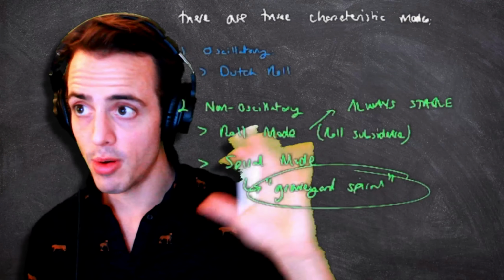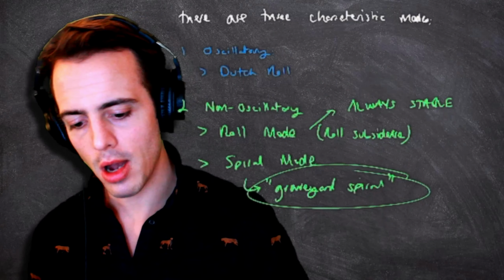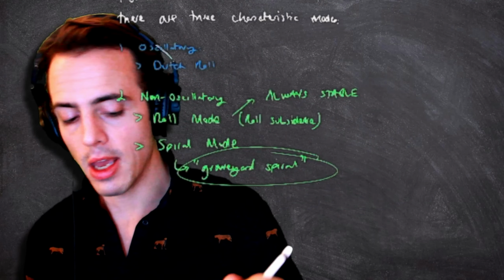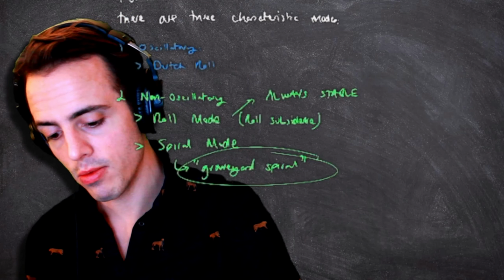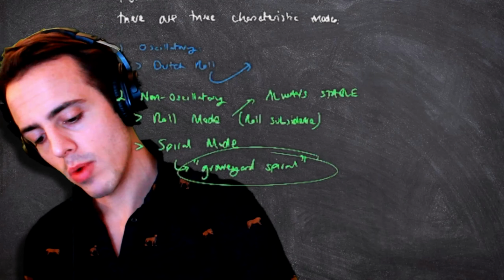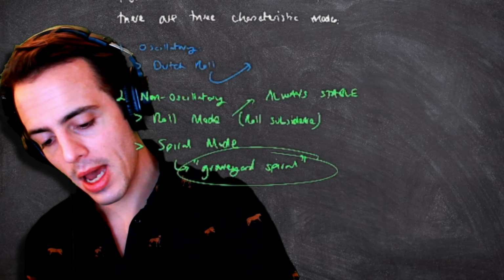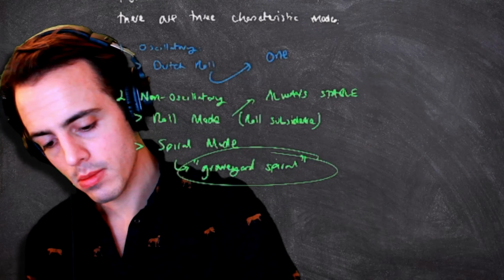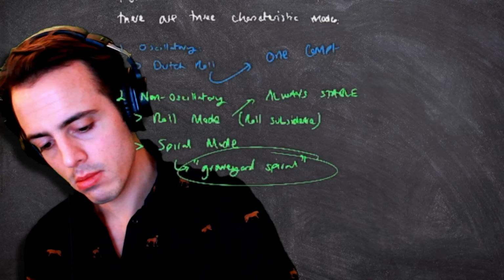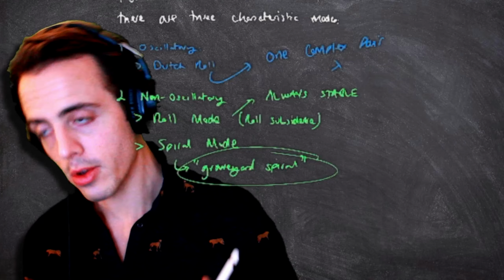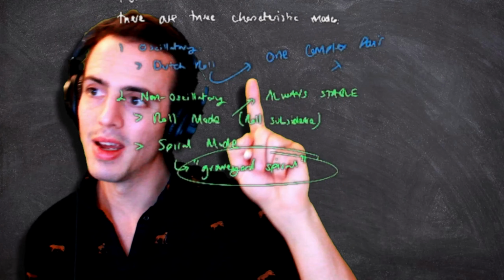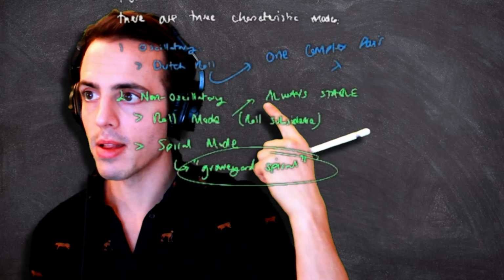So let's just remember what we should be expecting for our eigenvalues then as well. So for the eigenvalues for the characteristic equation, if these are our modes of motion, we should expect one complex pair. So a complex pair of eigenvalues for this one, and if it's got a negative real part, then it means it's stable.